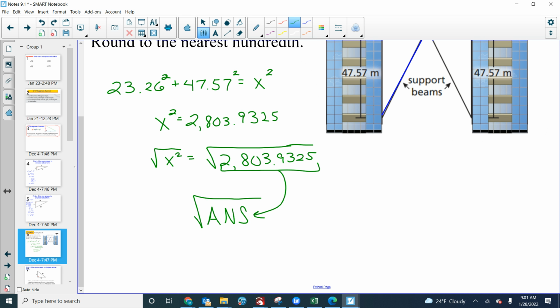It doesn't even do it. So what if I just do this and then I square times 9? And then 7. Times 9.